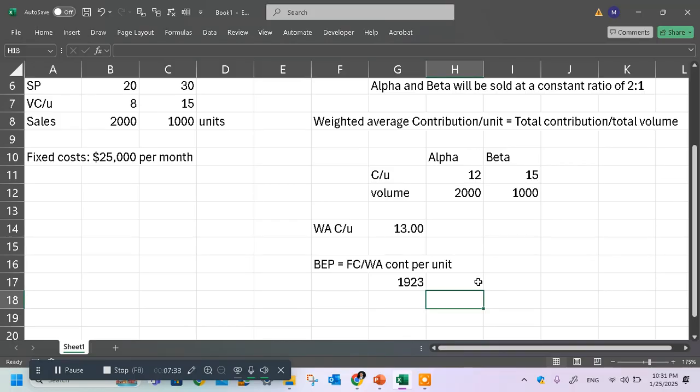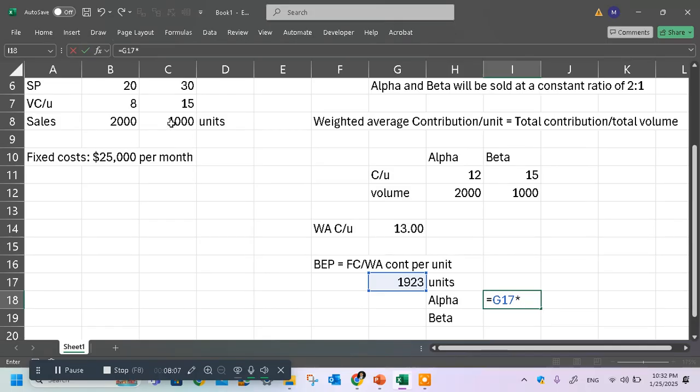Altogether, you need to sell 1,923 units. Is it alpha or is it beta? It's both. Alpha and beta together, you need 1,923 units. If in the exam they ask how many units of alpha and how many units of beta, simple: take these units and split in this ratio.